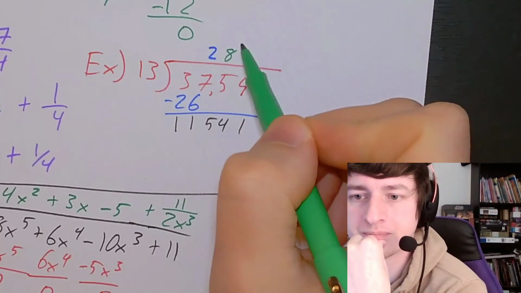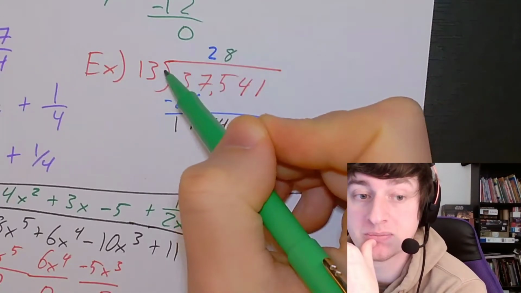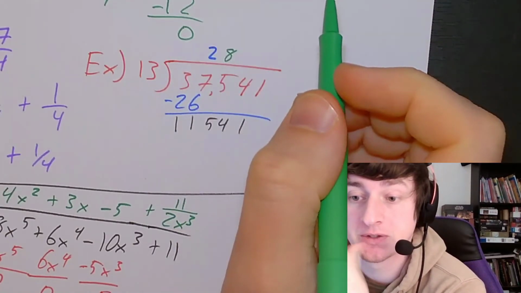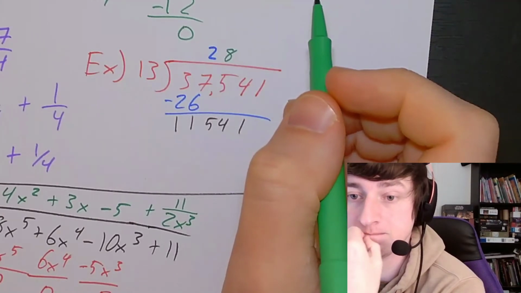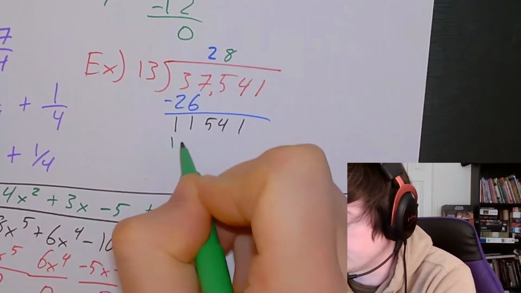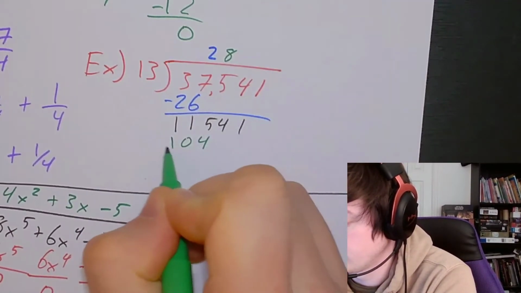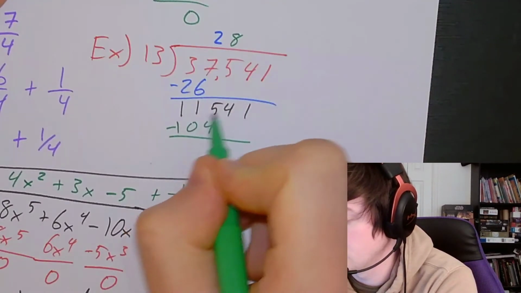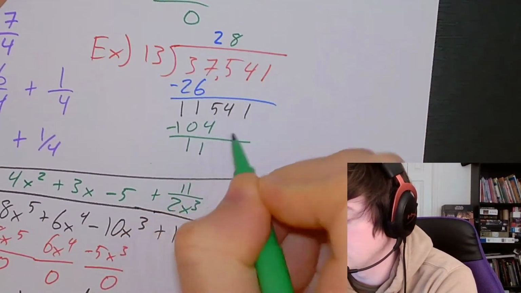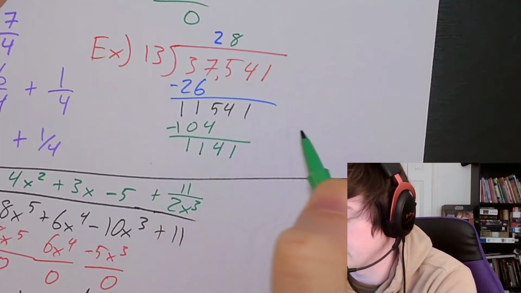Yeah, 8. So we multiply 8 times 13. That gives us 100 and 3 times 8 is 24, so 104. Subtract. We're left with an 11, a 4, and a 1, right? We just bring everything down.